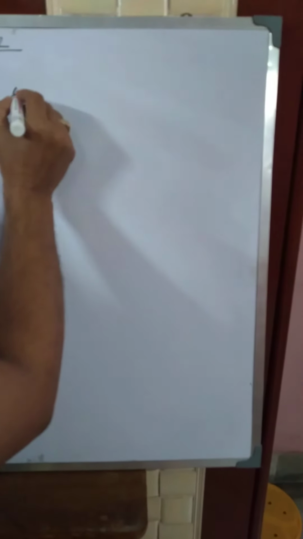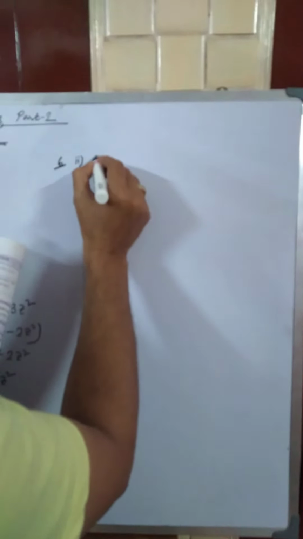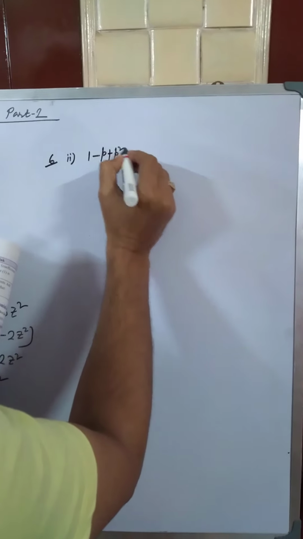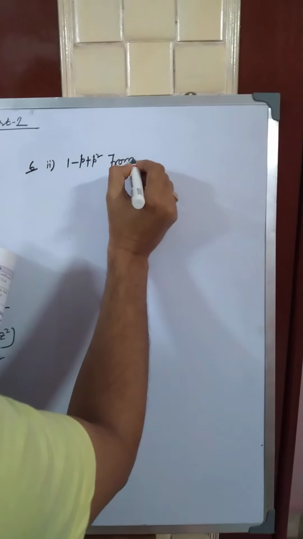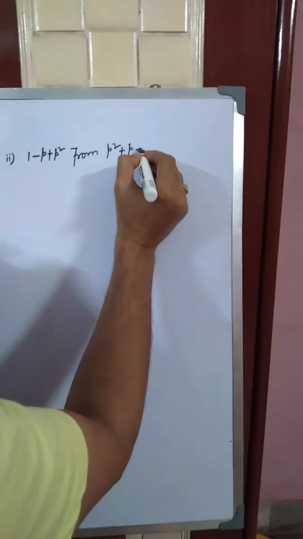Question number 6, Roman 2. Subtract 1 minus p plus p square from p square plus p minus 1.